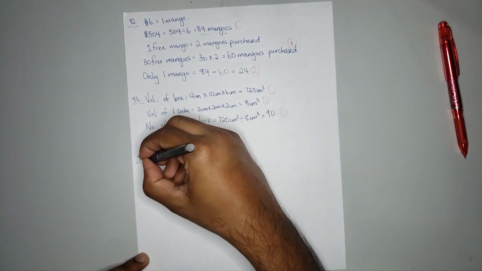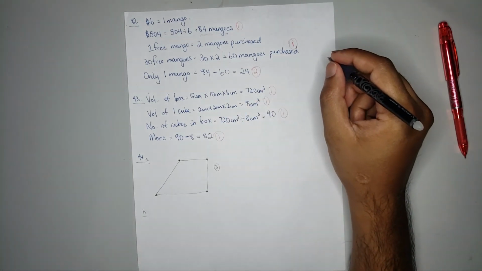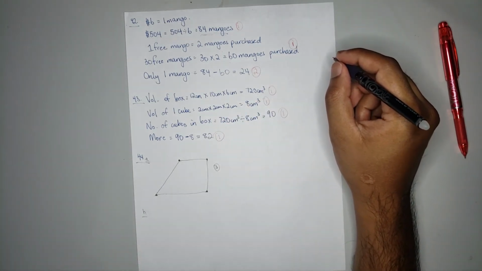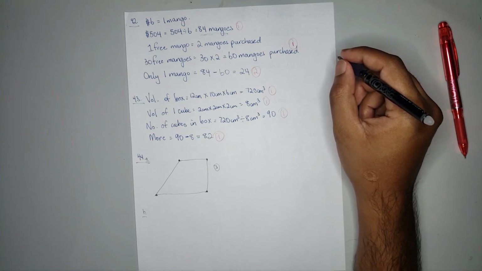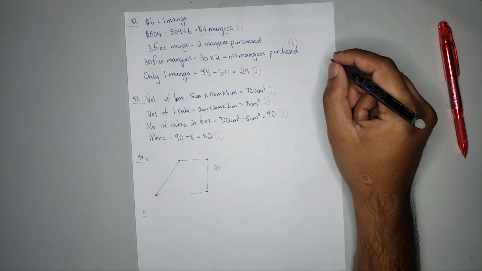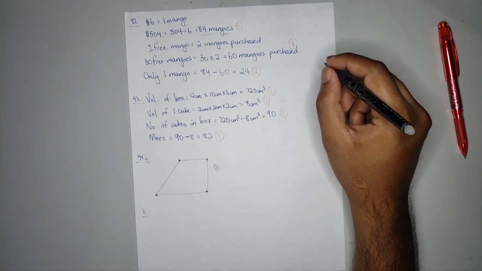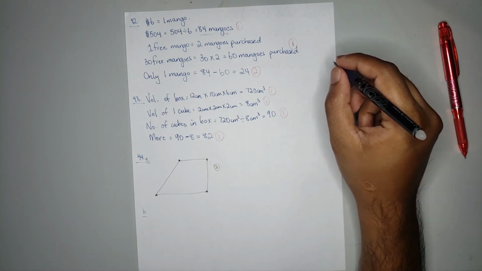That's part A. Part B now states, use the grid to extend the quadrilateral formed from part A to make a symmetrical shape. Good.